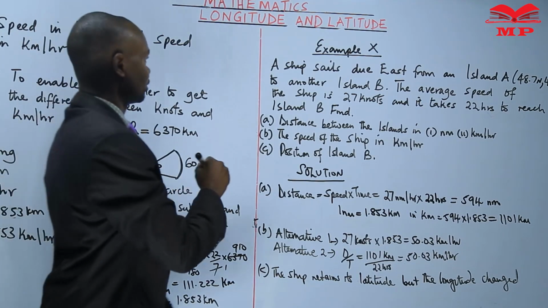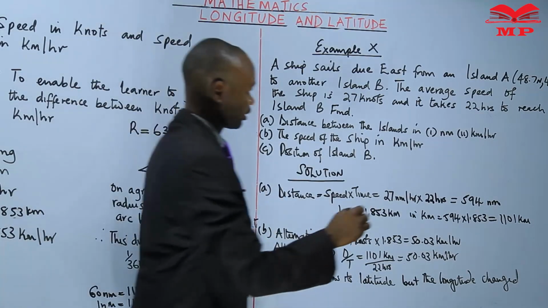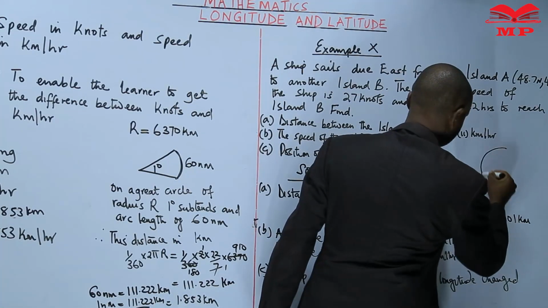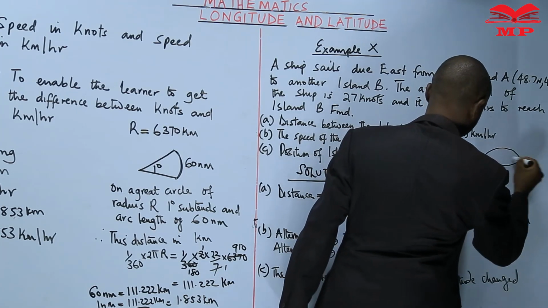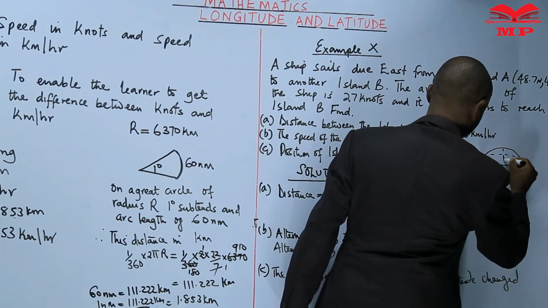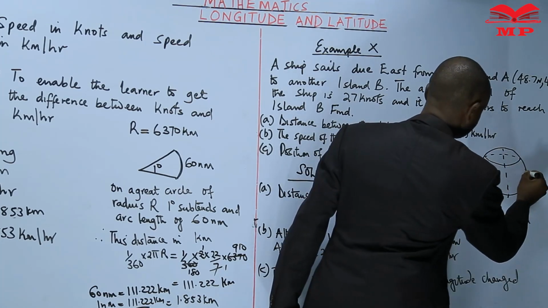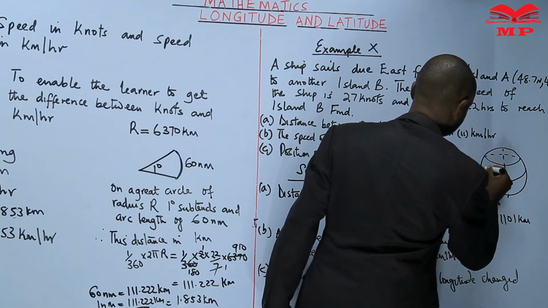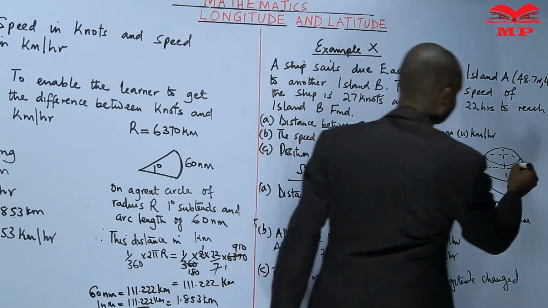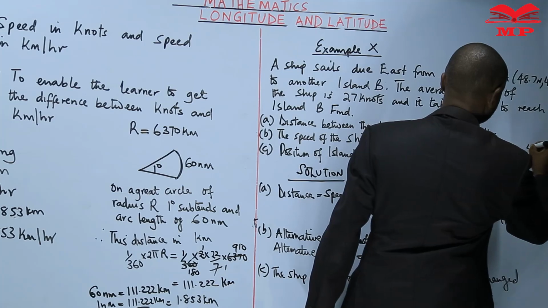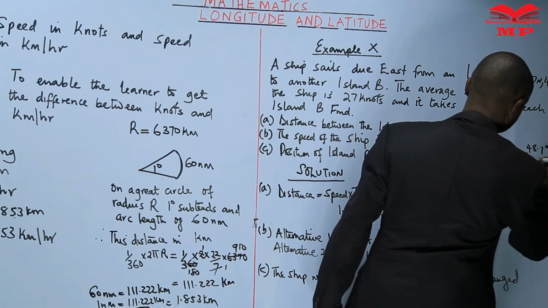Number one, you realize that the ship is moving on a small circle. So if I have the ship with that as the equator, you'll find 48.7 degrees. This is a small circle.